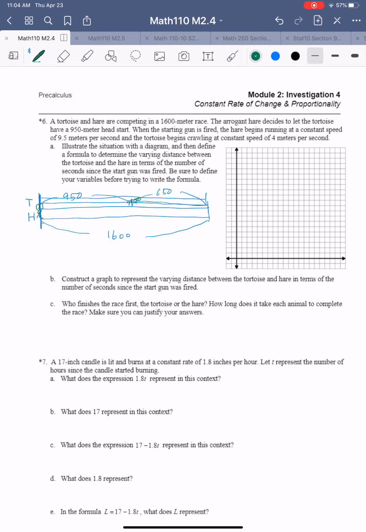So let's say the gun was fired, and then they're here. But the actual distance we're looking for is from here to here. Oh, no, here. Sorry about that. So for the Hare, yep, the actual distance that we are looking for is this distance.